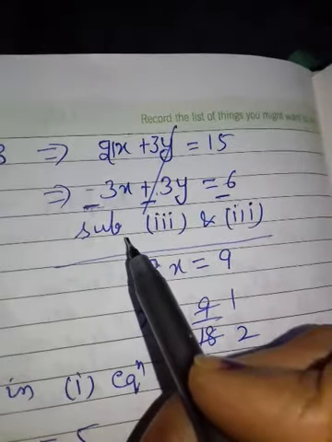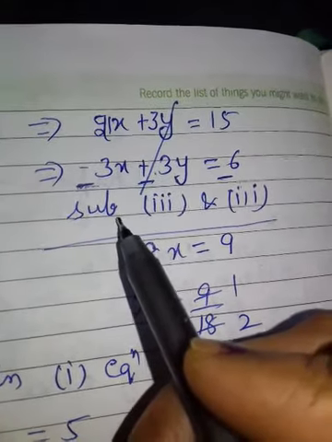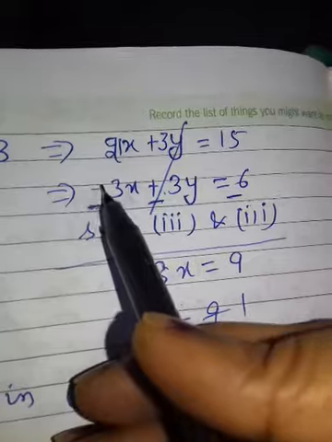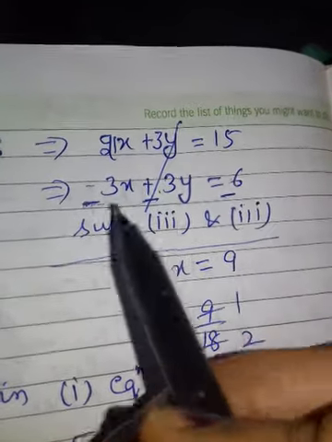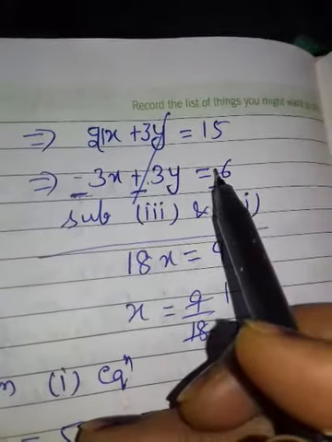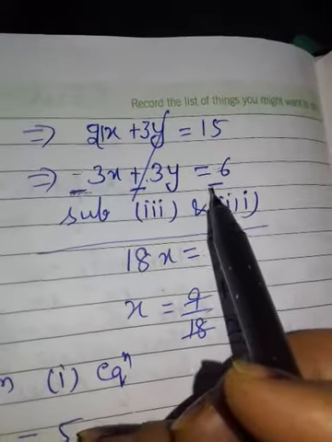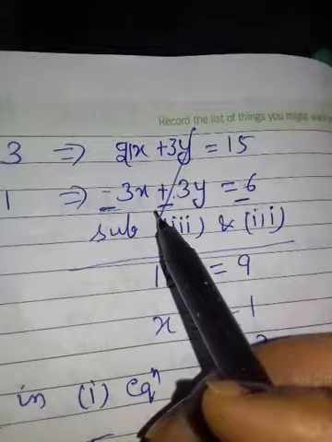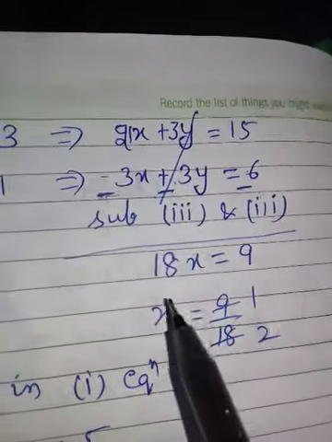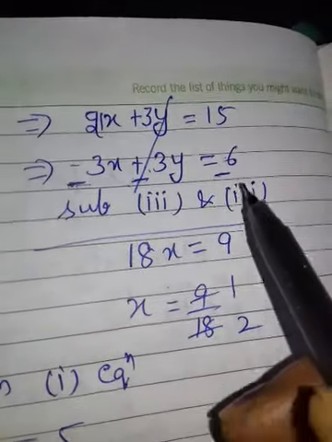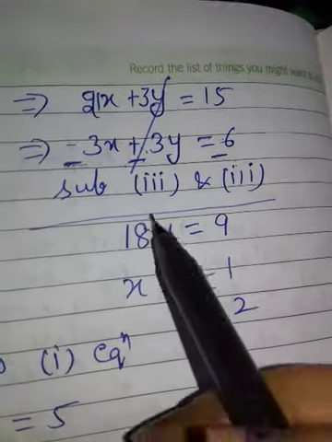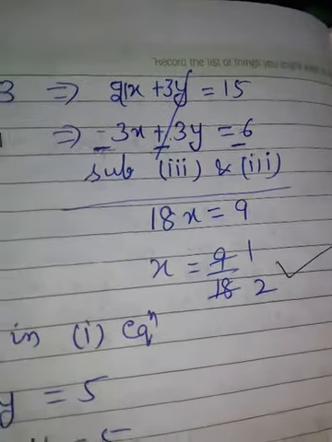Means you have to alter their signs, whatever they are. Now all the terms are positive, so I change their signs. So now they will cancel. 21 minus 3 is 18x, 15 minus 6 is 9, x is equal to 9 by 18, which is 1 by 2.